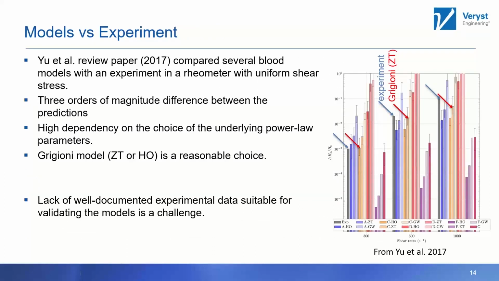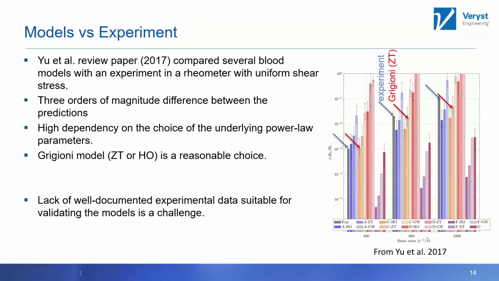In 2017, he published a very interesting paper. He compared different stress-based and strain-based models with an experiment where he applied constant shear to the blood. So the experimental setup basically satisfies the requirements of this model, where constant shear is applied to the blood.